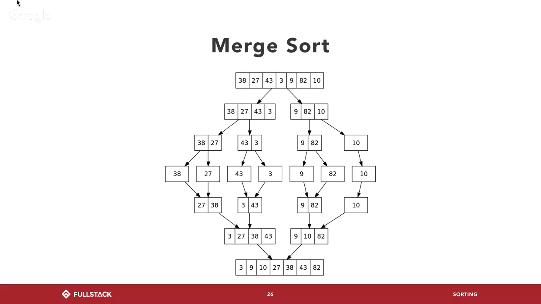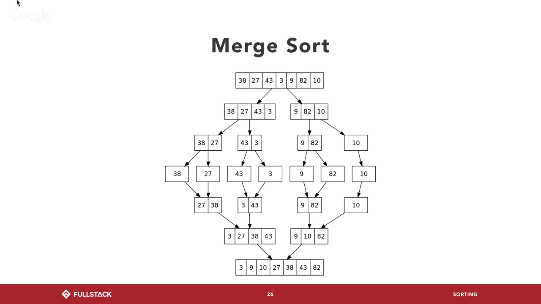Now you can say, I've got these two sorted lists. I compare them, and I've got another sorted list over here.